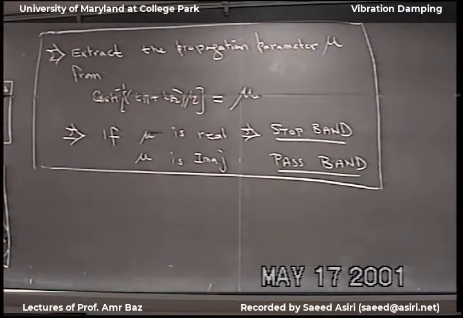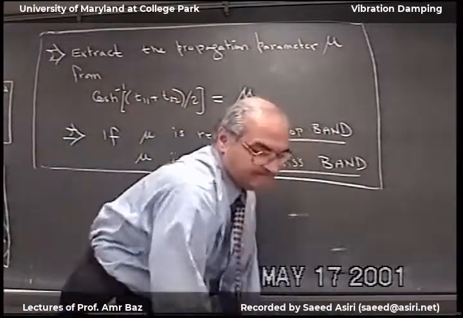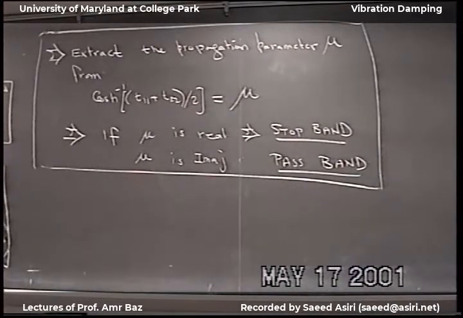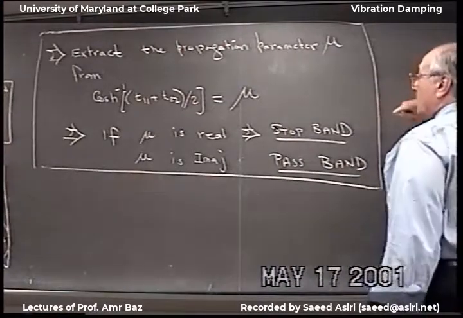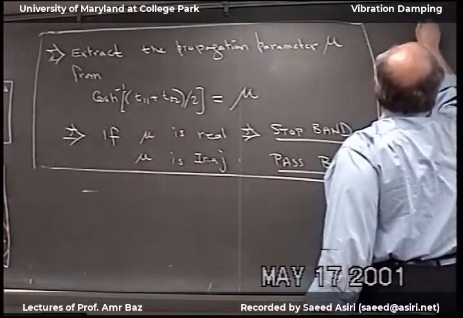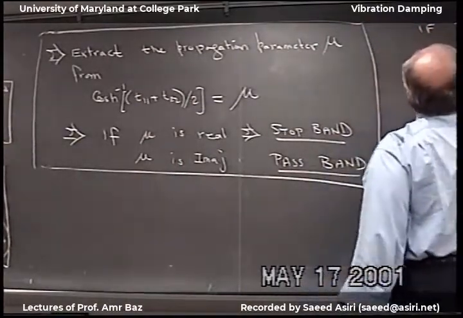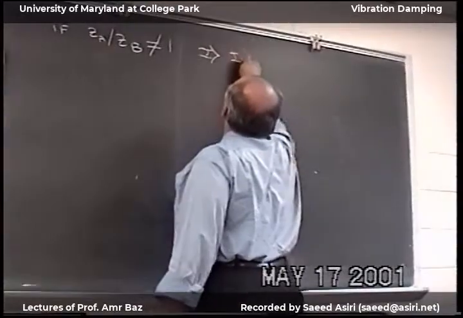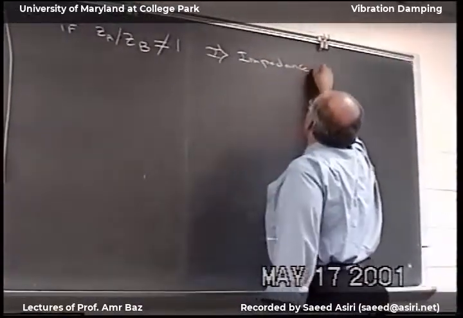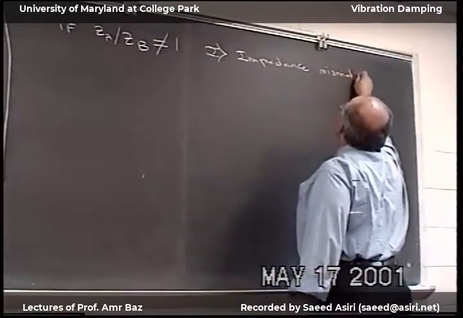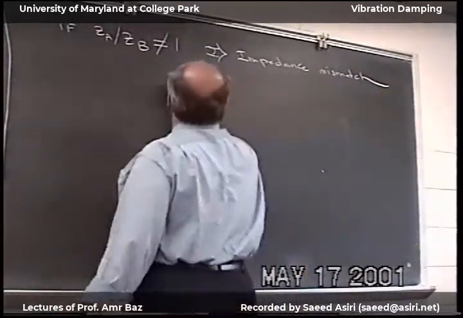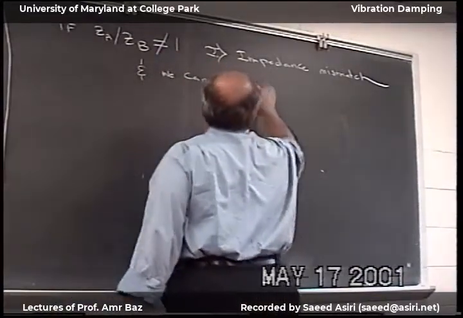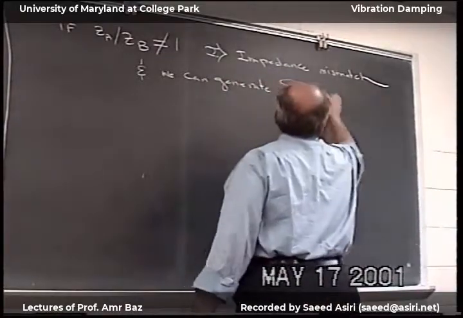And now we can say here, if ZA over ZB is not equal to 1, then we have impedance mismatch, and we can generate stop and pass bands.